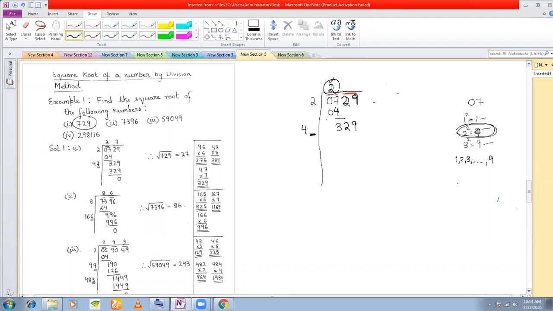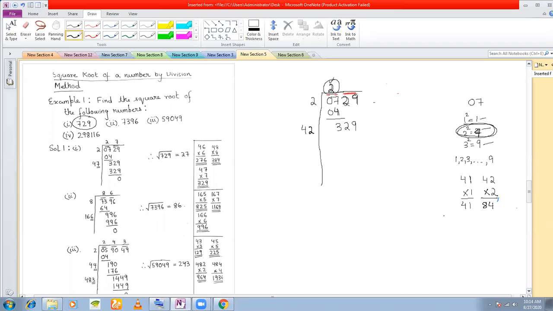Okay, for example, let us say I place 1 here. So you will multiply 41 with 1 to get 41. But 41 is much less than 329. Next, instead of placing 1, you'll place 2. So you'll place 2 here, 42, and you multiply 42 with the digit that you have placed, 2.